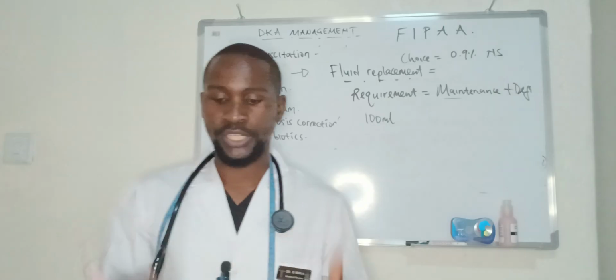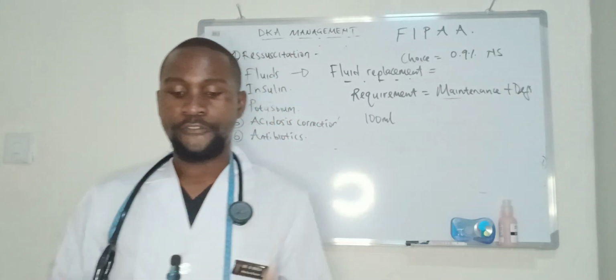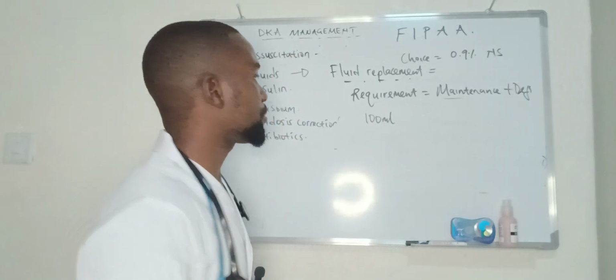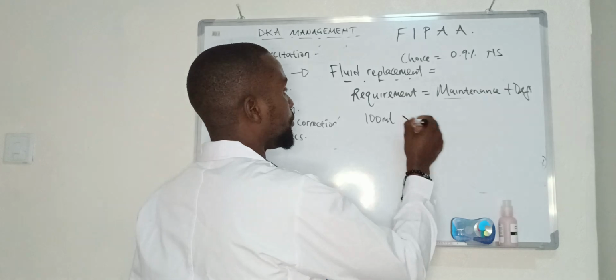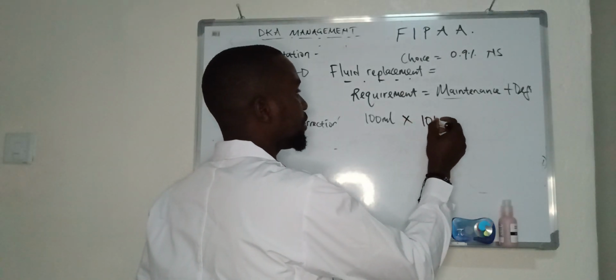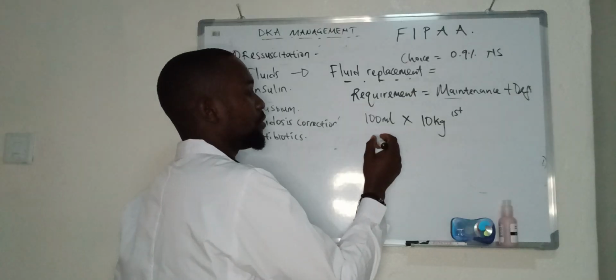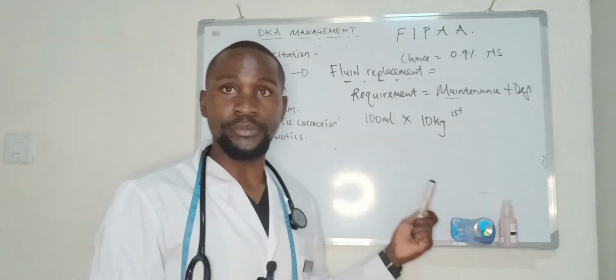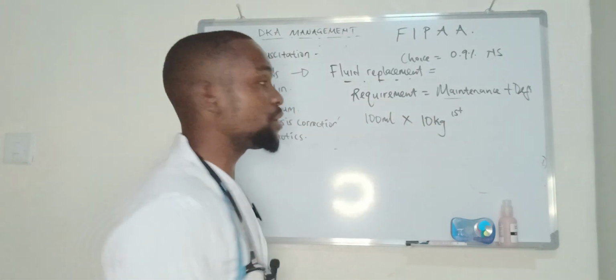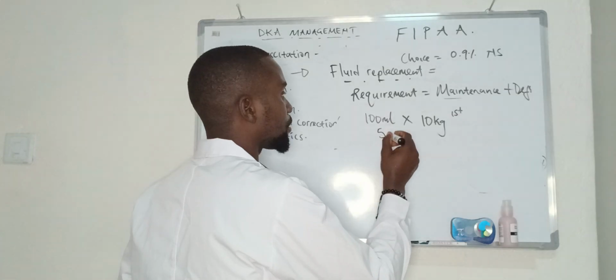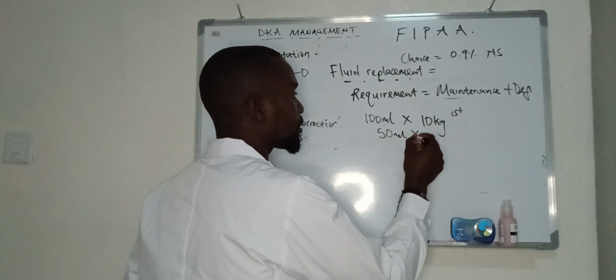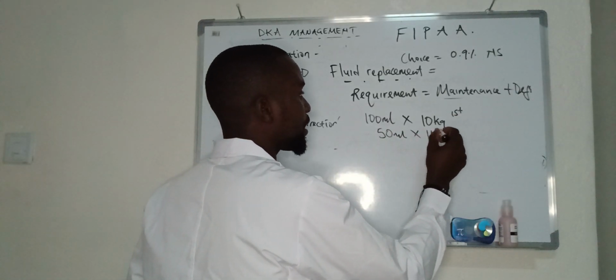So the first 10 kg times 100 mils, then 50 mils times the next 10 kg.